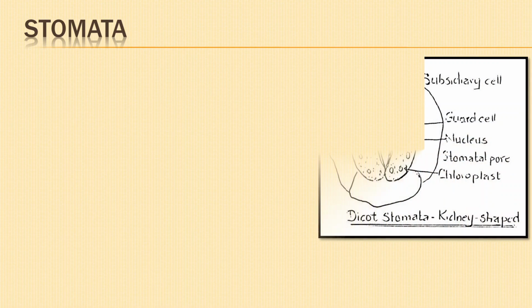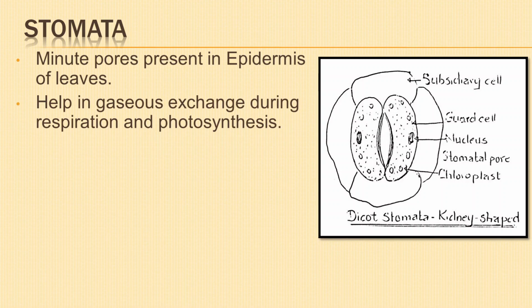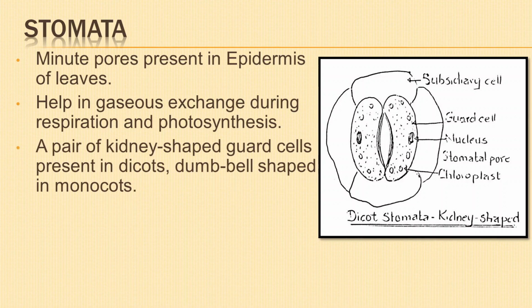Next is stomata. Stomata are minute pores present in the epidermis of leaves. They help in gaseous exchange during respiration and photosynthesis. Each minute pore, the stoma, is surrounded by a pair of guard cells, which are kidney-shaped in dicots and dumbbell-shaped in monocots.